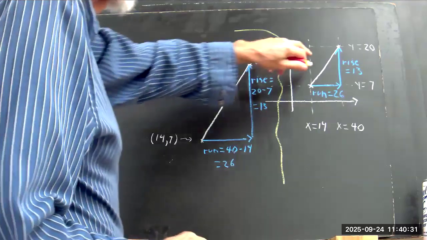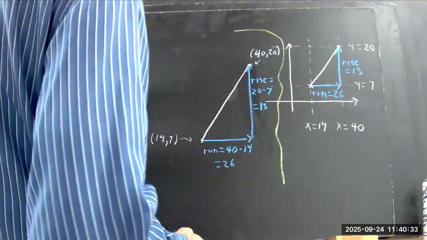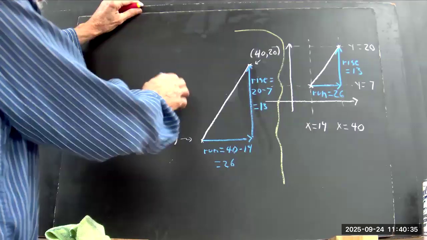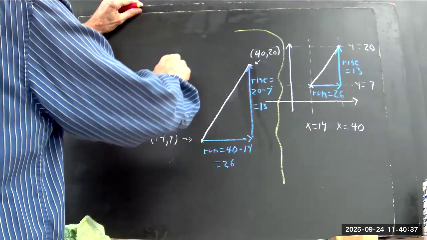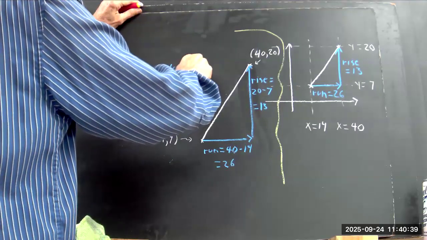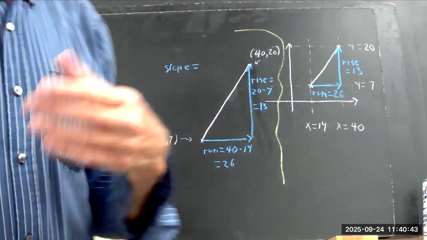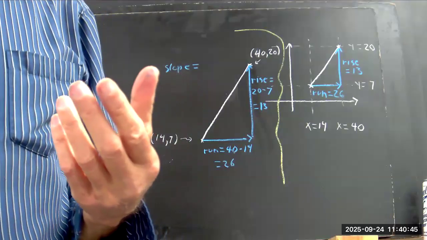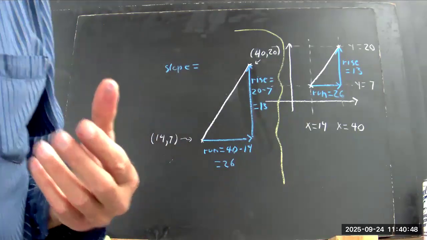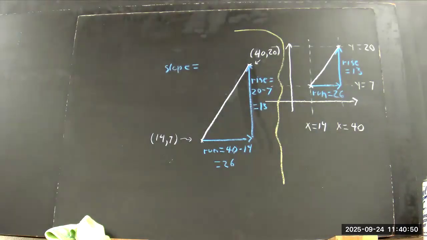Now, over here, I'm going to write what I could write here, but I'll write it over here for right now. I'm going to say slope equals, okay. Have you heard the words rise and run before? Let's just stop and see who can tell me how the slope is related to the rise and the run.